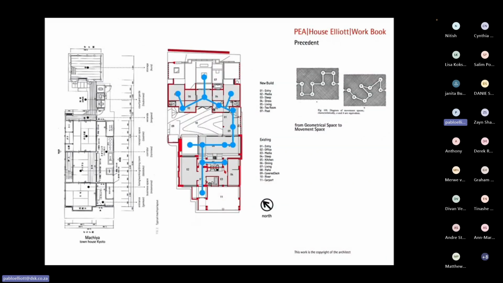But this one is not like that, and it has to do with a notion called movement space, which is that in traditional Japanese houses, you move from room to room. You don't go down corridors as we would mostly do in houses that have been built around here.